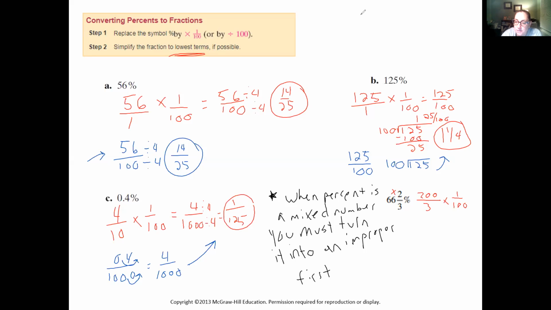Right, so we changed our mixed number to an improper fraction. We drop the percent symbol, so we get 200 over 3, and we do times 1 over 100 like we've been doing. We would get 200 over 300, which can reduce by 100, and you would get 2/3.